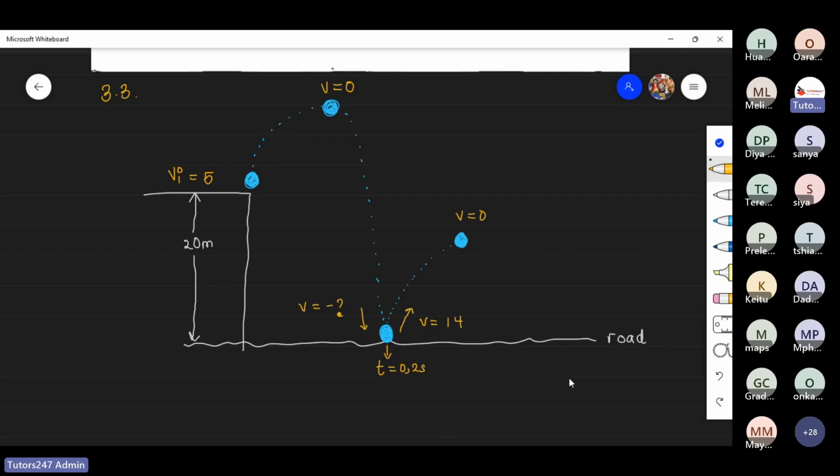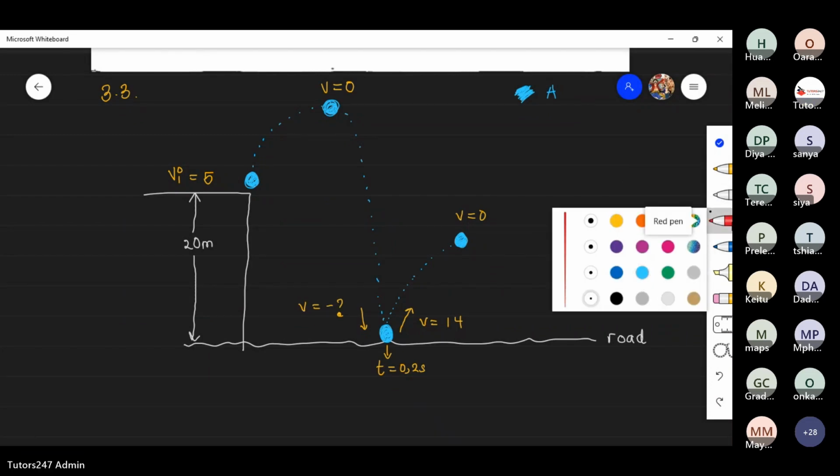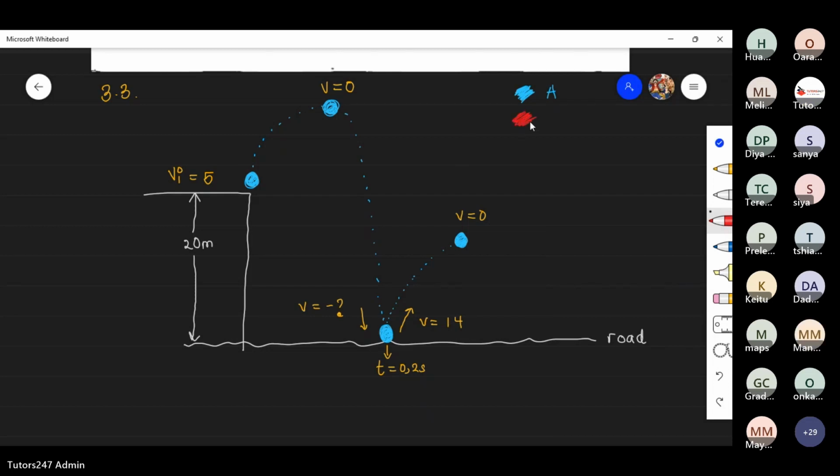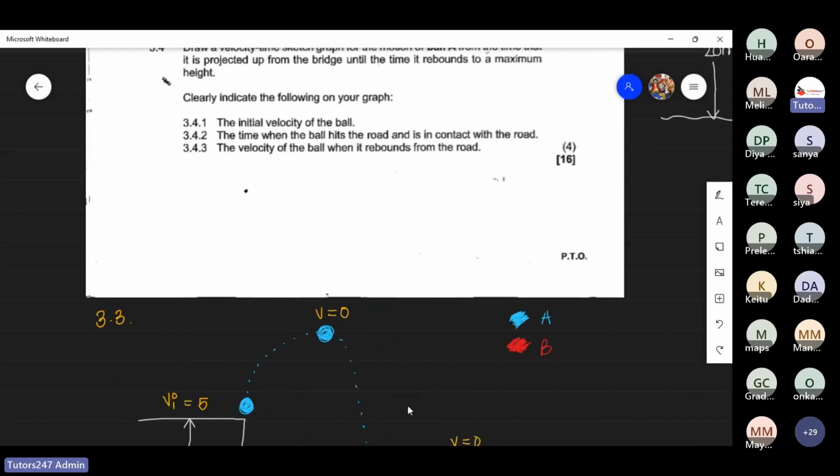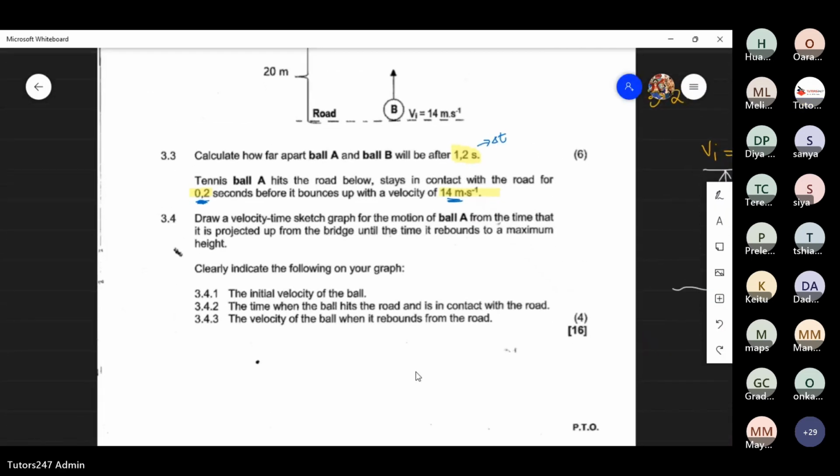Okay, let's look at what information we are given with regard to ball B. Let's just have a key. The blue is going to be ball A. We can make, let's say, red ball B. Okay, so let's see what information we have regarding ball B. Calculate how far apart ball A and ball B will be after 1.2 seconds.